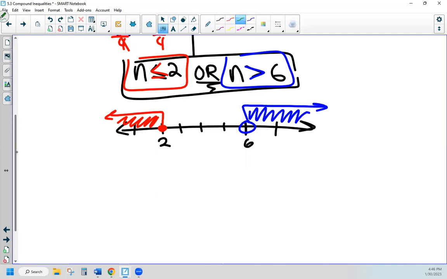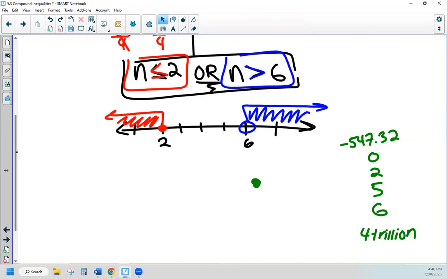So this then becomes the question: what are the types of numbers that are my solution? Negative 547.32, the number 0, the number 2, the number 5, the number 6, the number 4 trillion. Okie dokie artichoke. Now I'm going to have a green dot. The number negative 547.32 is located somewhere all the way over there.